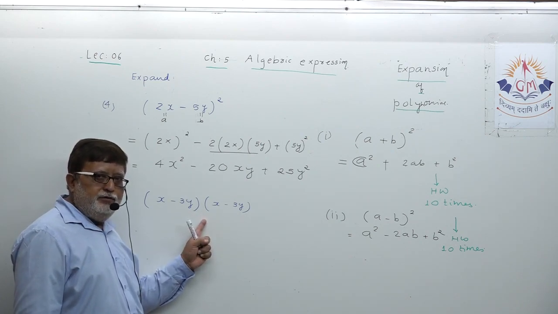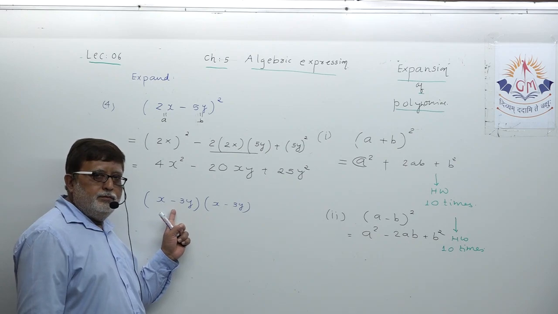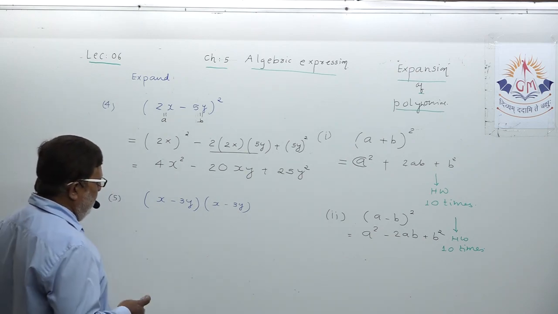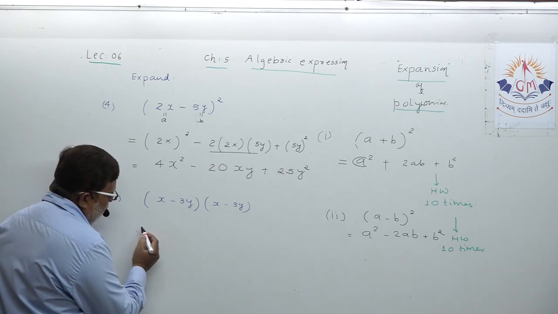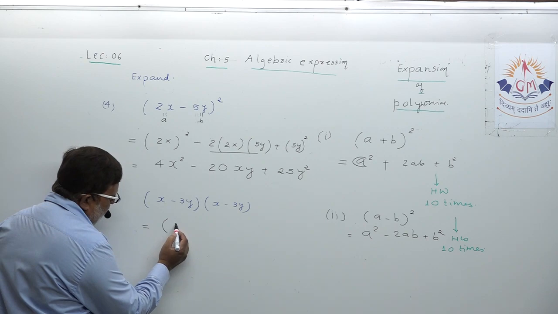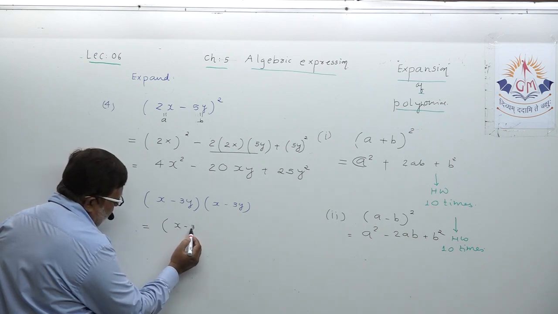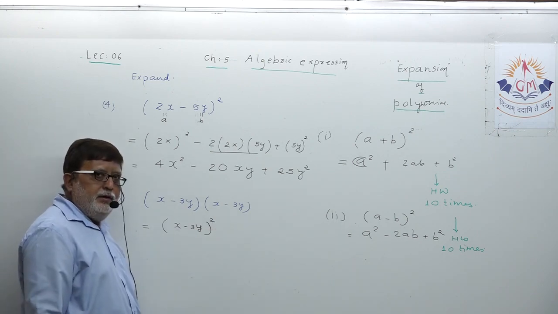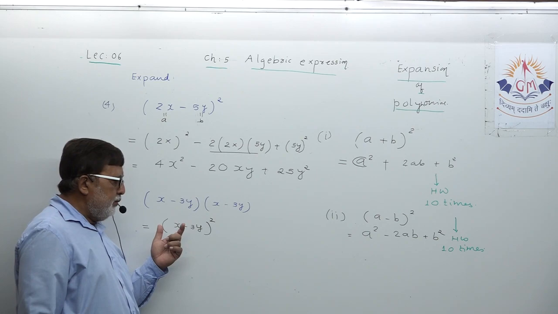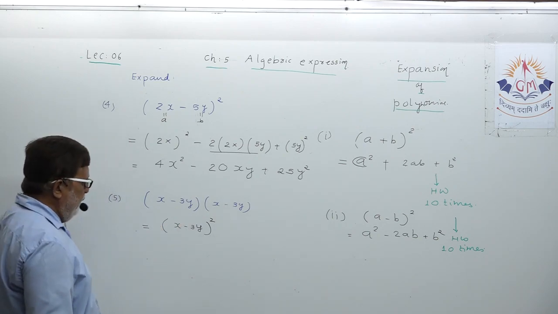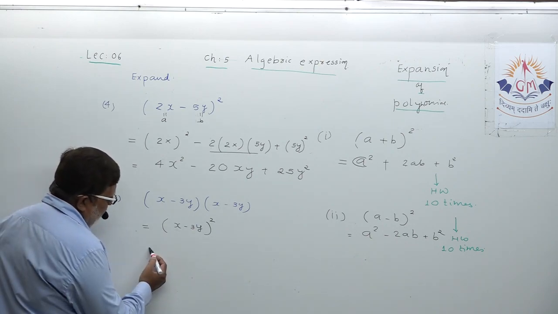This is x minus 3y, this is x minus 3y. Because both the brackets are similar, can I write this way, x minus 3y whole square? Definitely, because both are similar brackets. So I have written x minus 3y whole square.